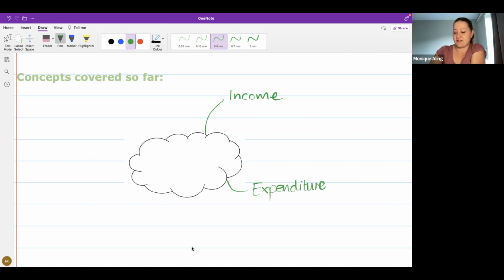Cost price and selling price, great. I see some more comments. Variables. Okay, we learned about income and expenses, income costs, profit and loss. Yes, that's another one. Good. Nice, guys.